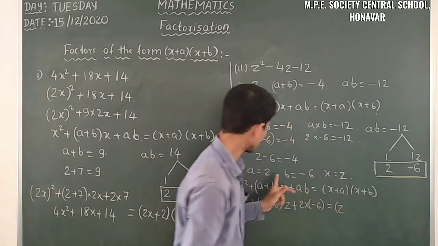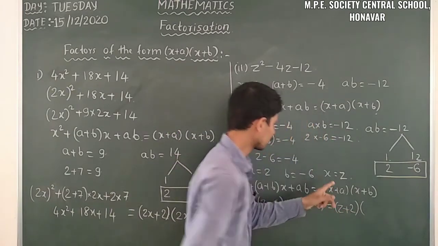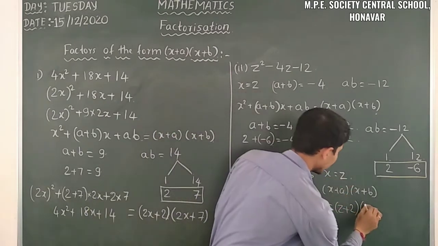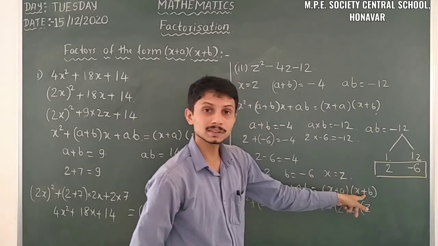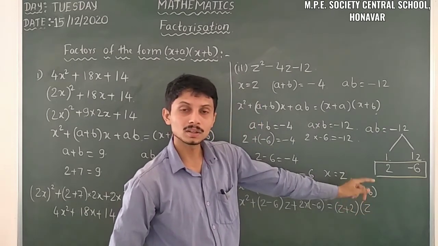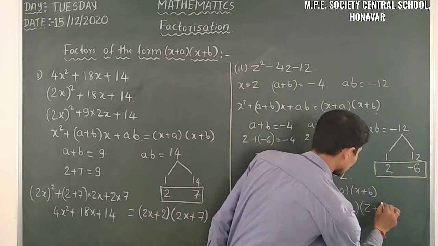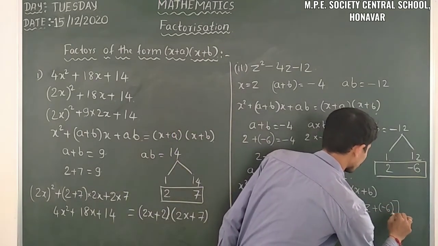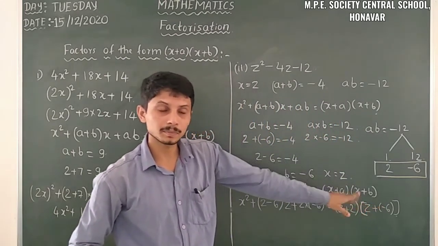Z. What's the value of a? 2, so z plus 2. And what's the value of x here? Z. What's the value of b here? Minus 6. Here we have plus, so when you insert b here, plus into minus is minus. Or you can write it individually also: minus 6. Yes, here in place of b we inserted minus 6.